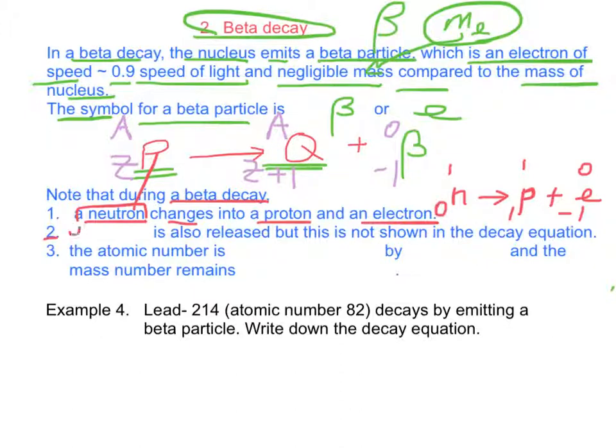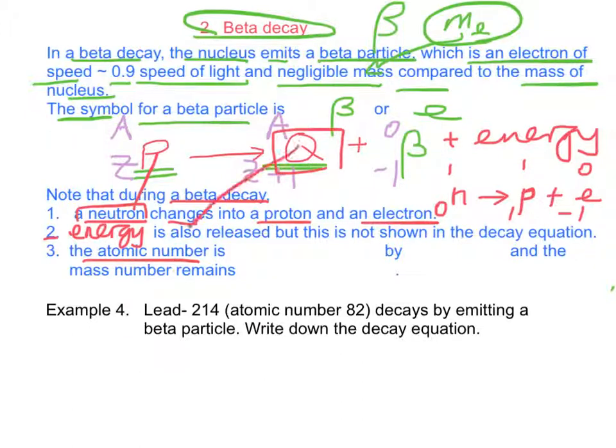Also, energy is released, but that's not shown in the decay equation. The atomic number of the daughter nucleus Q is increased by 1, and the mass number of Q remains unchanged compared with that of P.